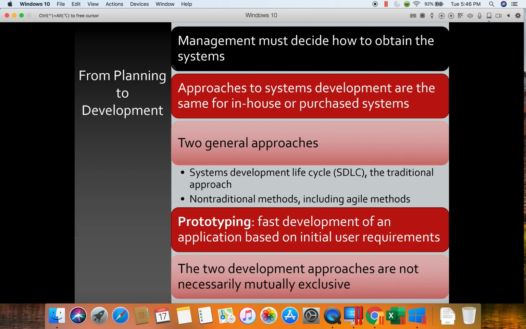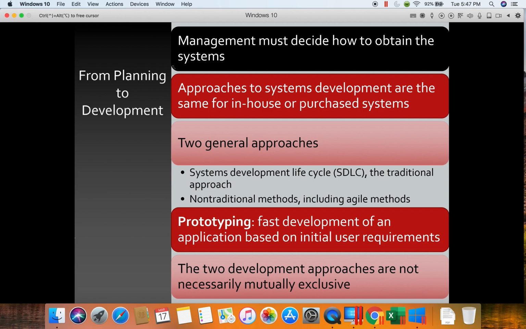The two approaches are the traditional approach, which is the systems development life cycle, sometimes referred to as a waterfall approach. And we'll talk in more detail about both of these approaches. The system development life cycle is more structured, and it follows some predefined steps and tasks that try to ensure that we have a successful implementation.